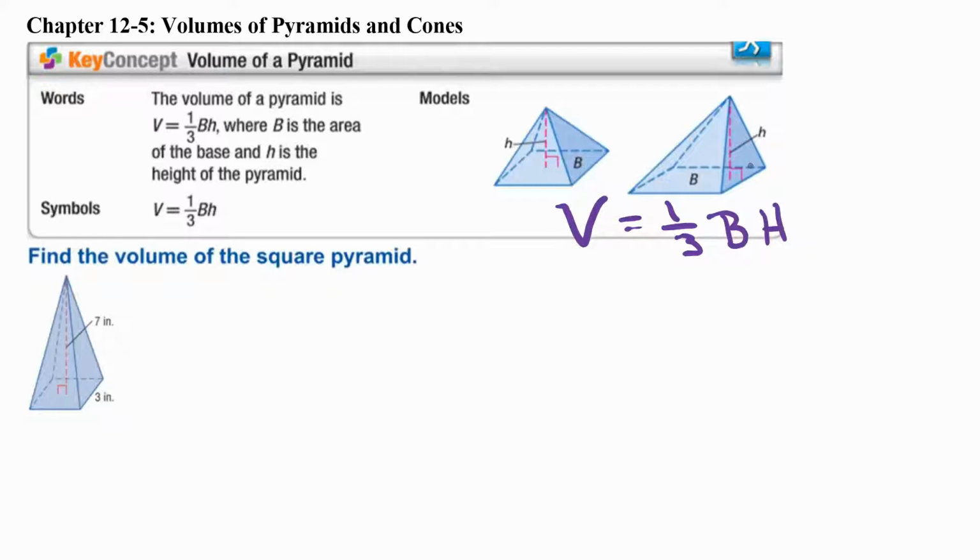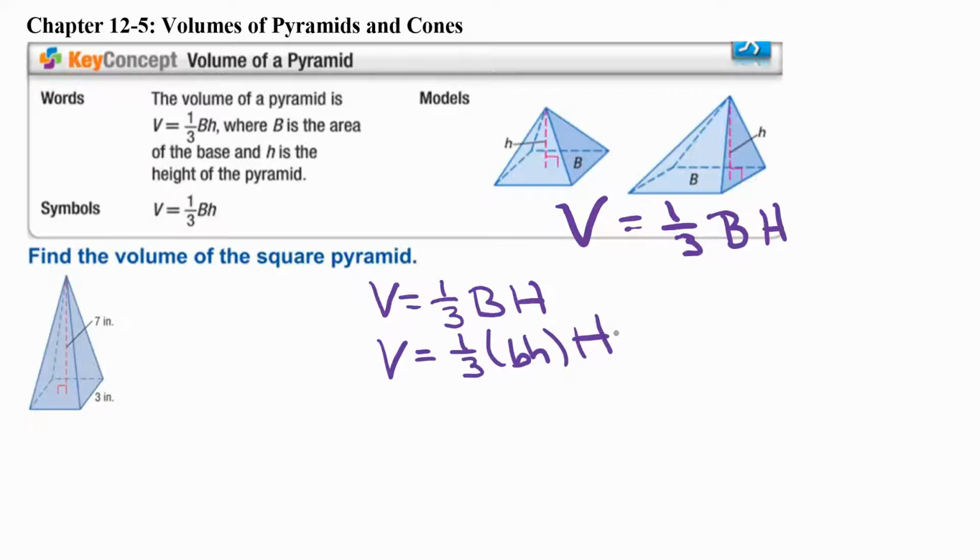For the first example, we're asked to find the volume of the square pyramid. So volume equals 1/3 base times height. The formula for the area of the base would be base times height. So in this picture, the base of our square base is 3.